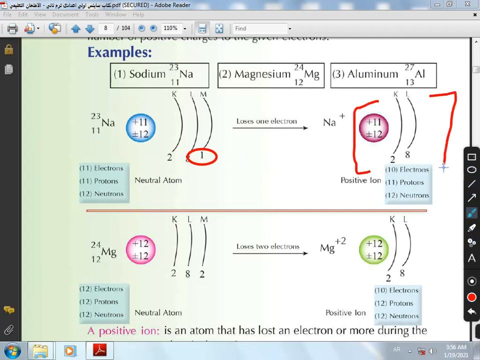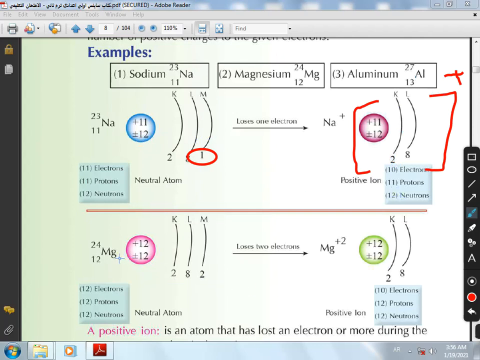This positive ion has only one positive charge. Why do we have only one positive charge? Okay, because it loses just one electron. We can compare here the number of electrons and the protons between the neutral atom and the positive ion.